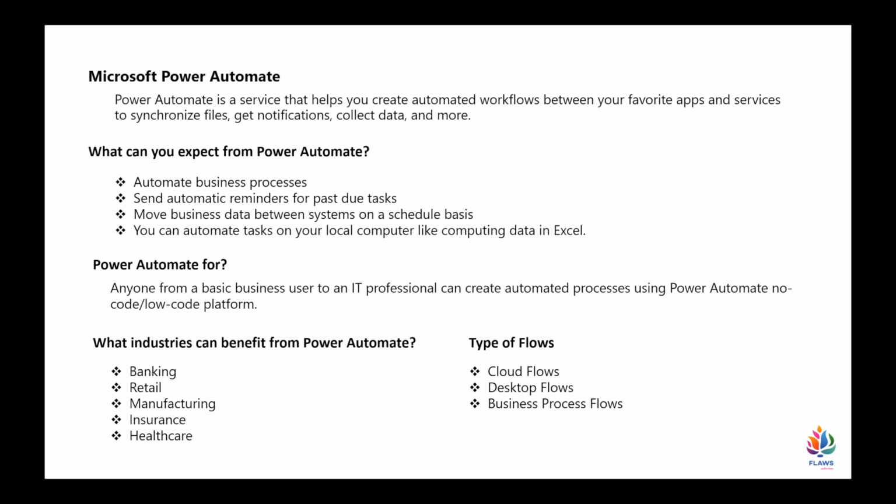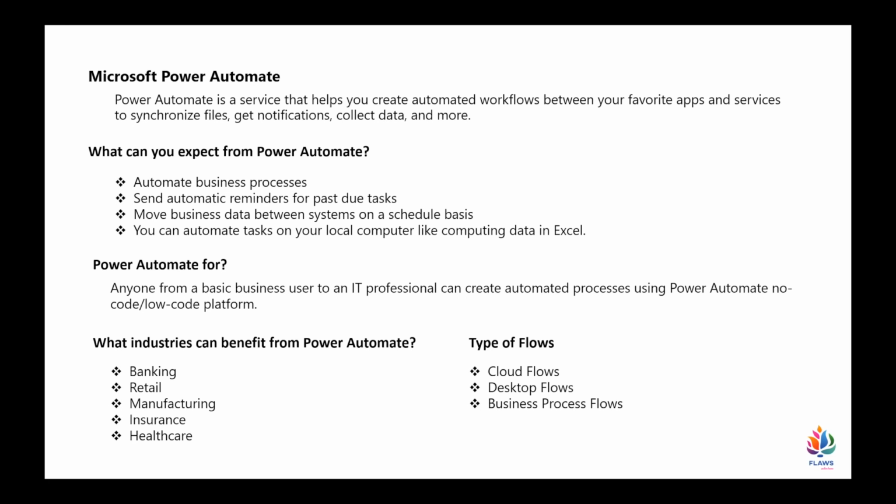And desktop flow is a kind of local operation that we are doing on a daily basis, right? For example, one use case: we need to copy one folder to another folder.